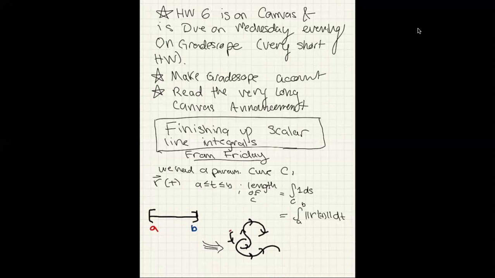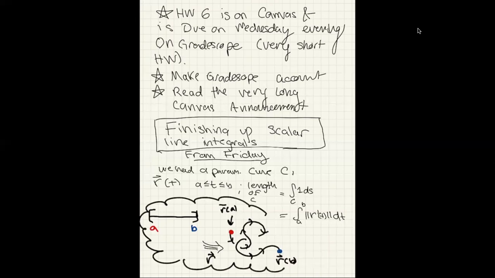And this would be r of a, and over here r of b. I really want you to think of parametrizing as picking up an object, stretching it, and arranging it in 3D somehow. So that's the kind of action r is doing. It's taking my thing and strewing it about in R3.